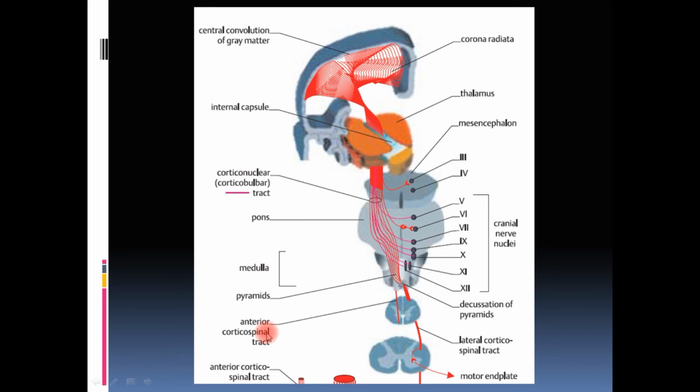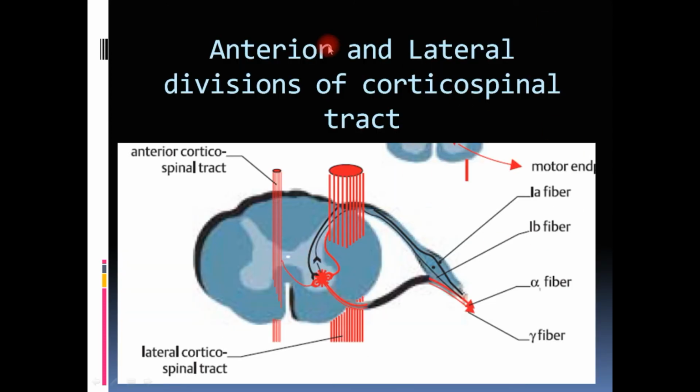So the corticospinal tract divides into two parts: majorly the lateral corticospinal tract, and the few fibers which do not cross over in the lower medulla form the anterior corticospinal tract. The anterior corticospinal tract eventually crosses over to the opposite side in the cervical or thoracic region of the spinal cord. The lateral tract is located laterally in the spinal cord, whereas the anterior tract is located anteriorly.